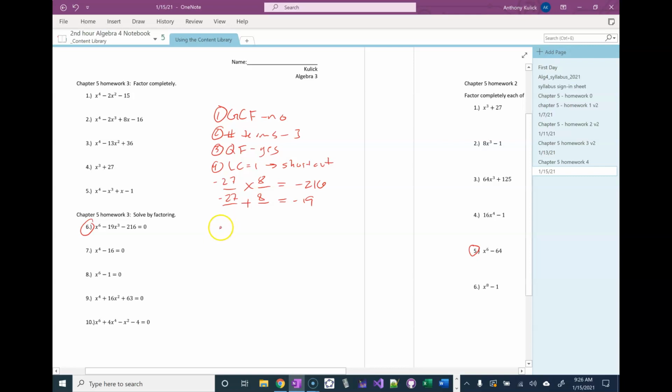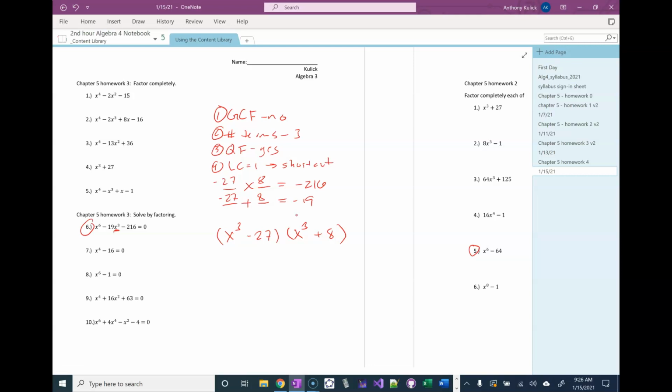Okay, so once we have that, we know we're going to have something minus 27 times something plus 8. That something, the variable that we're going to use, should match the middle term. So in our case, that's x cubed. You remember that? Okay.